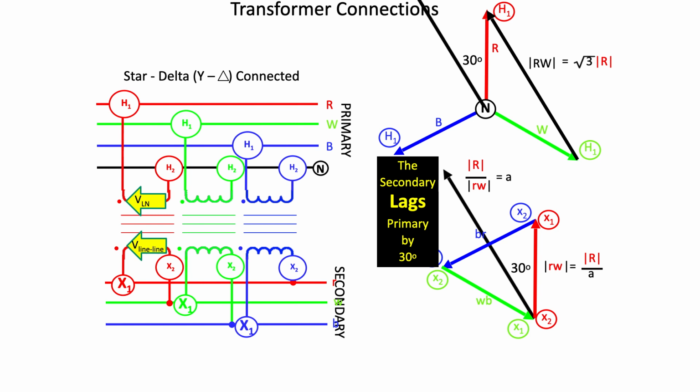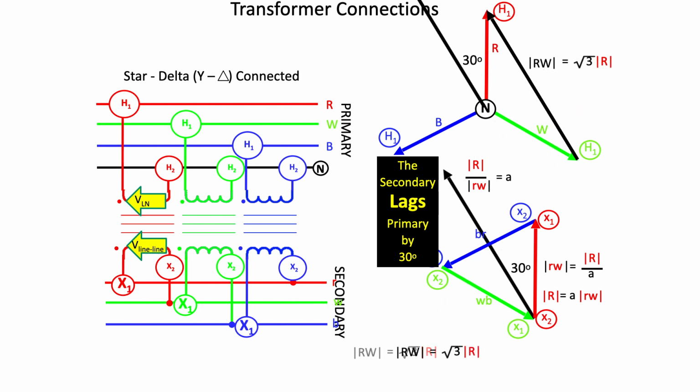Or mathematically, you can also say that the primary red to neutral voltage is equal to the turns ratio times the secondary red to white voltage. We're talking about magnitudes here, of course. And it relates the primary and secondary phase-to-phase voltage magnitudes.